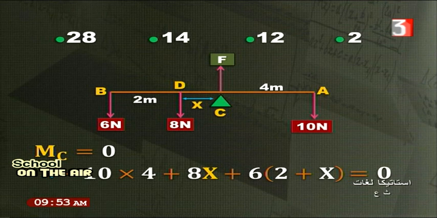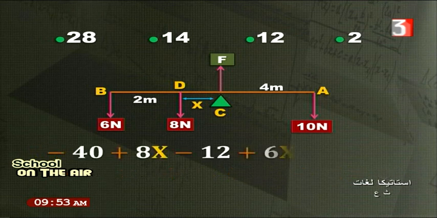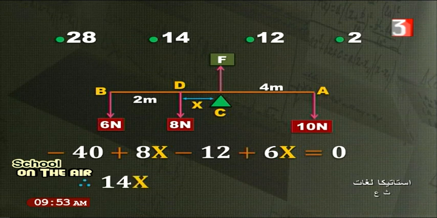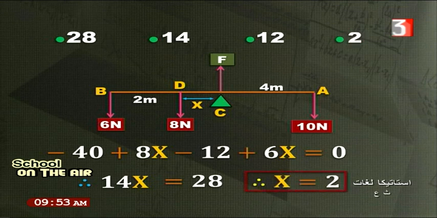The moment at C equals 0 to calculate the value of x. Negative 40 plus 8x, negative 12 plus 6x equals 0. We add like terms, 14x equals 28. Therefore, x equals 2 meters. The correct answer is 2.